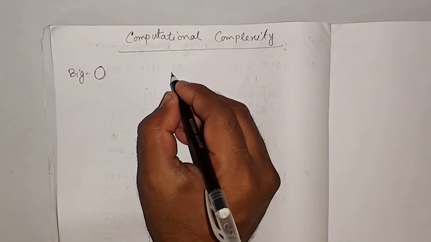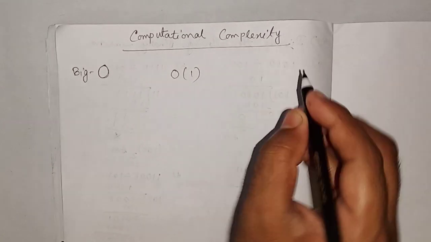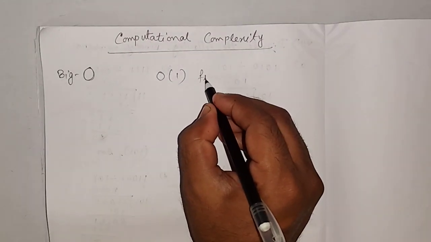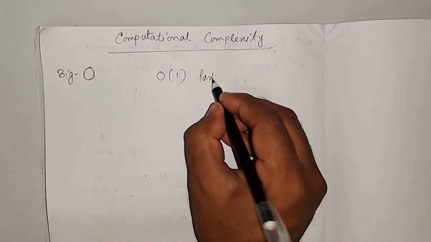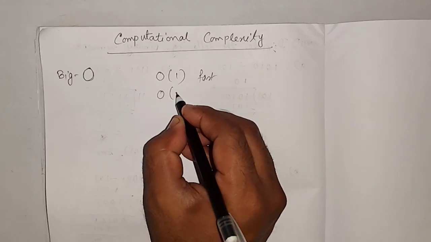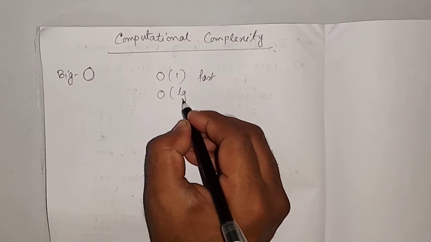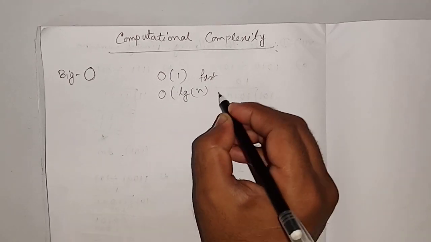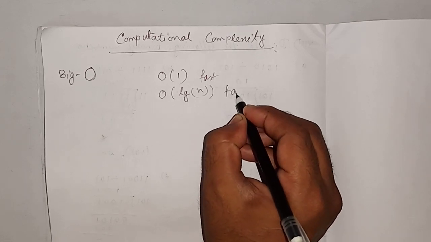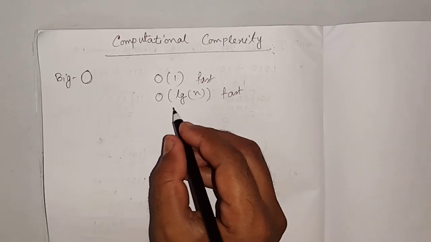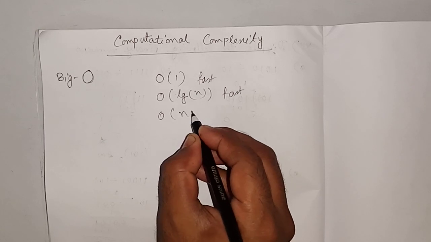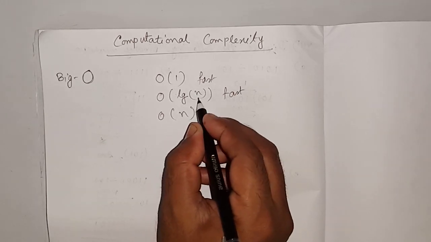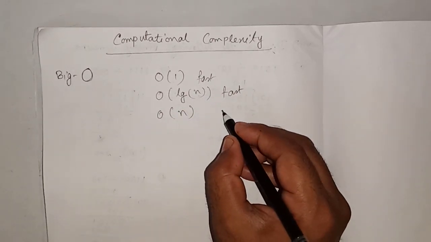One: O(1), which is fast. Okay, O(log n), which is also fast. O(n), how we get n log n, I will tell you.